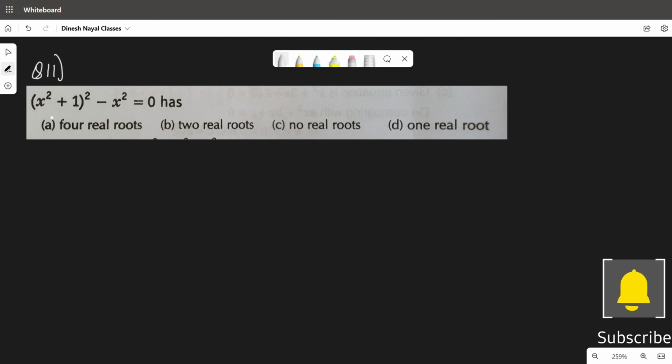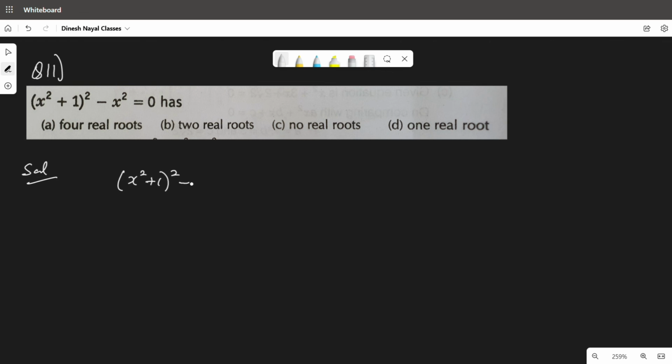Now, given the equation x square plus 1 whole square minus x square equals 0 has, now there are the options: 4 real roots, 2 real roots, no real root or 1 real root. So solution. Writing this x square plus 1 whole square minus x square equals 0. Now expanding this.